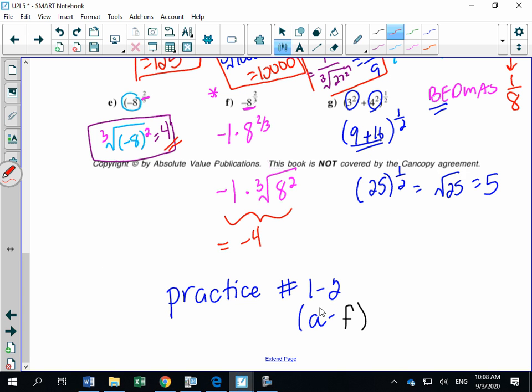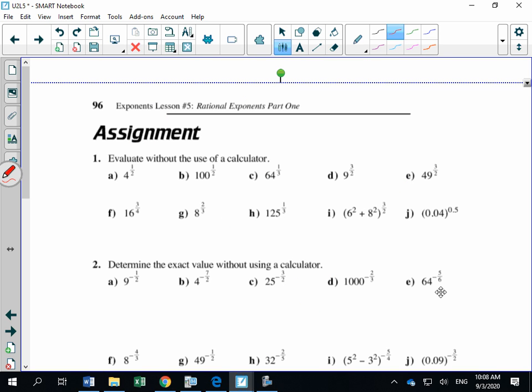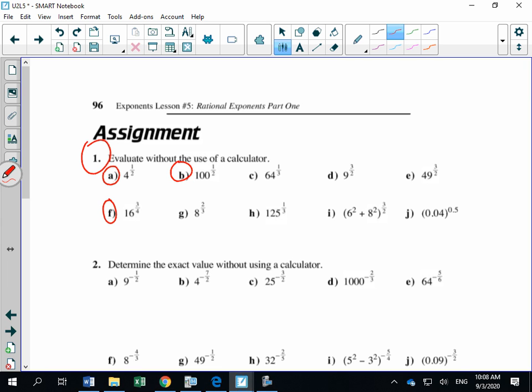This is going to be your homework. I want you to circle this with me because I'll probably show you one more example with a negative just to make sure. So I want you to do in the homework 1 to 2, A to F. So let's go to that homework. Actually, for number 1, I said A to F, but I would like you to also circle I. Okay, so you should be able to do I easily.